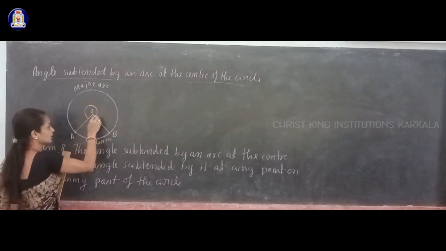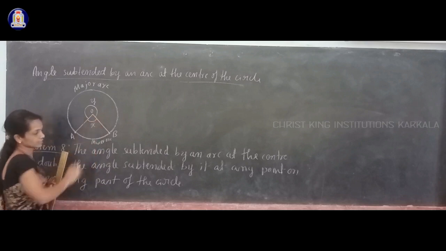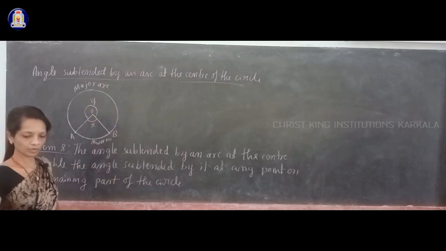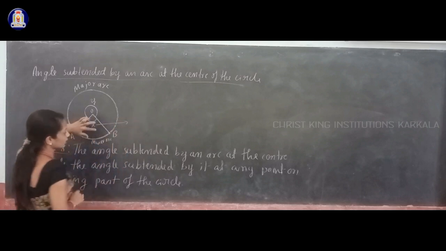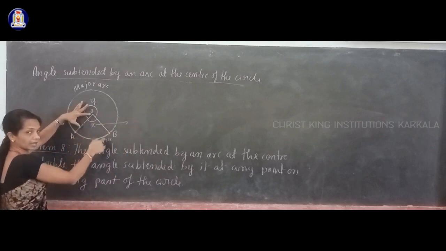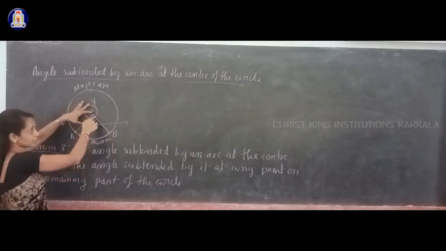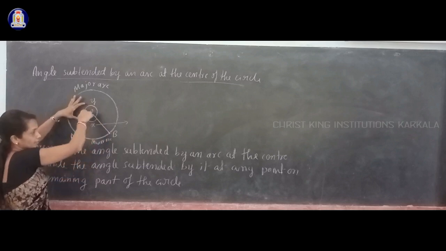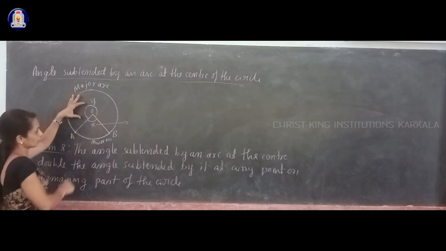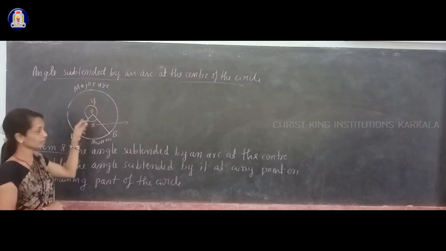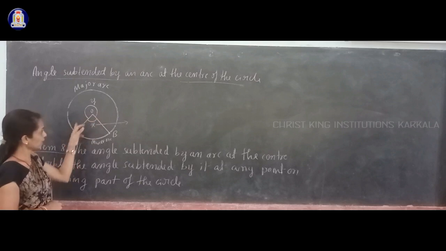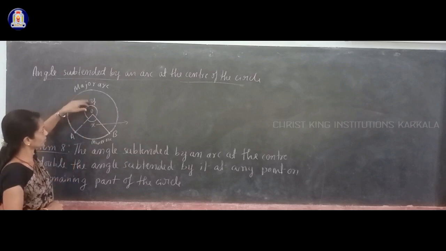This angle I'll take as angle Y, and that angle I'll take as angle X. And this angle X is called the angle subtended by the minor arc at the center of the circle, and this is the reflex angle. For both angle X and Y the name is the same, AOB, but this side you have the acute angle, and on the upper major arc side you have reflex angle AOB.